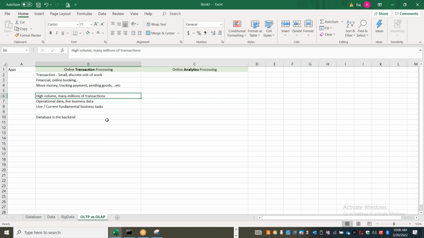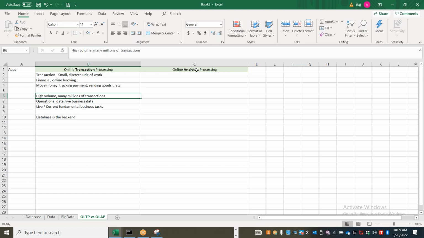He has answered it on the chat. So you are almost right, but the last statement is correct. We are talking about the historical data, or the old information, not the live information. Analysis is going to happen only after the transaction is completed.